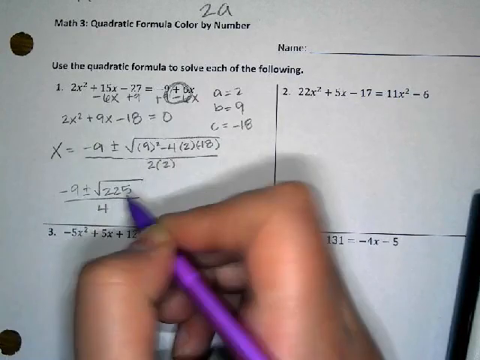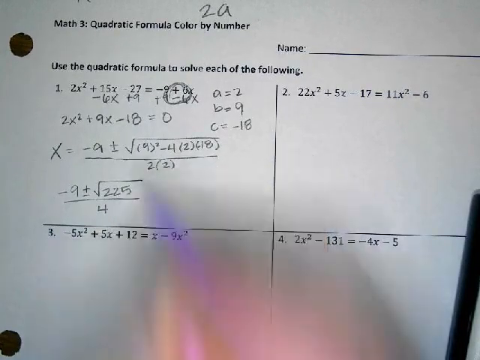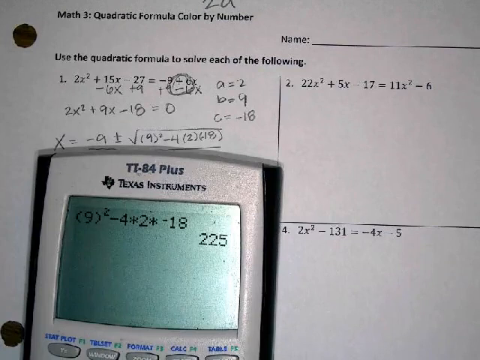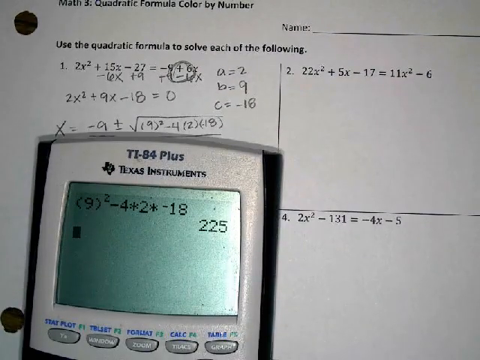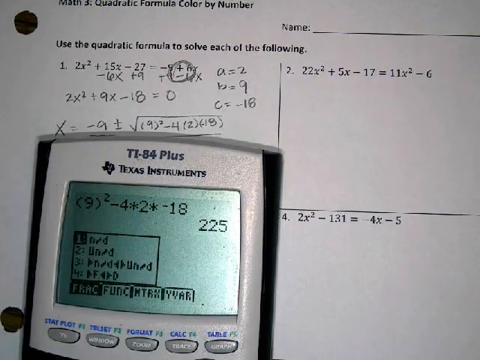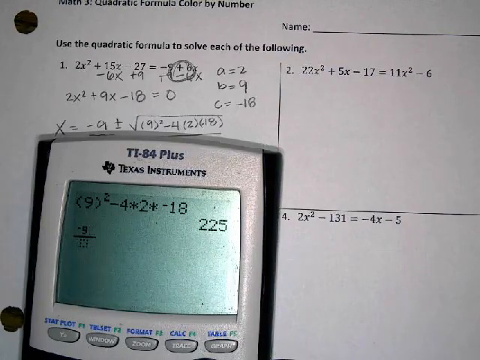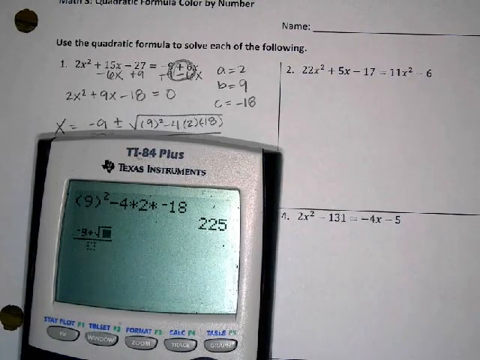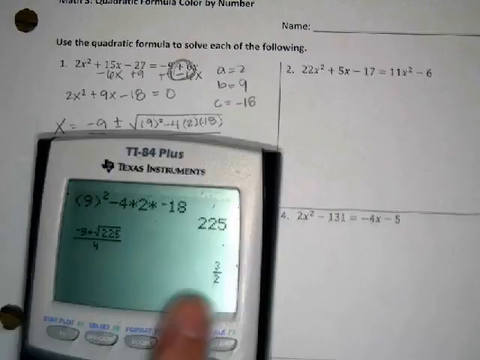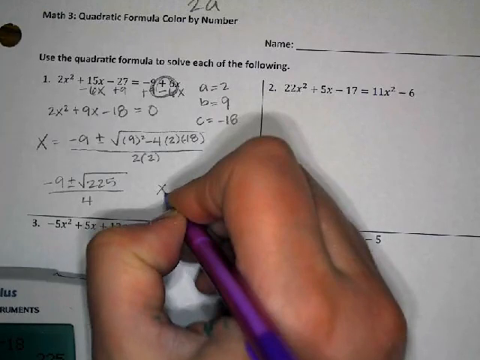I'm going to go ahead and plug it in. So I'm going to do x equals -9 plus root 225 over 4. Three over 2, okay. So x equals 3 over 2. And then I'll go back up and copy paste.